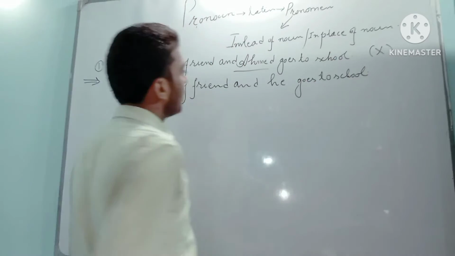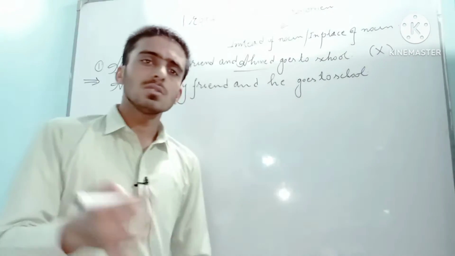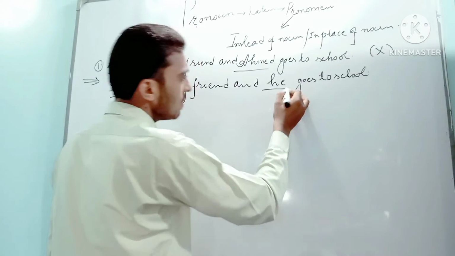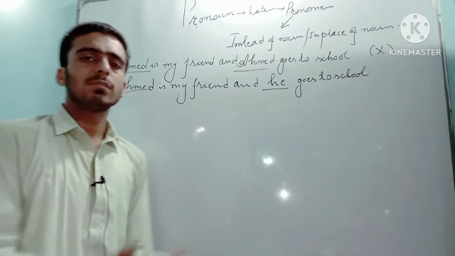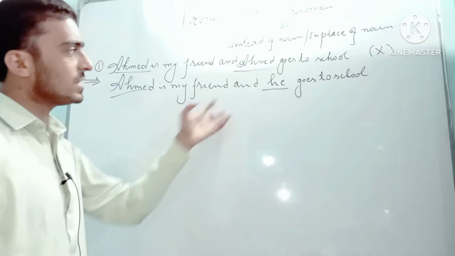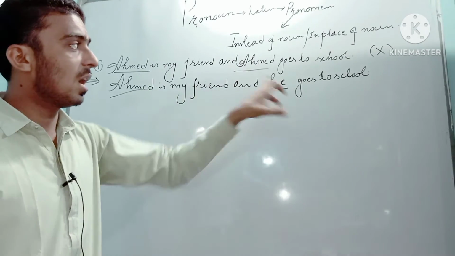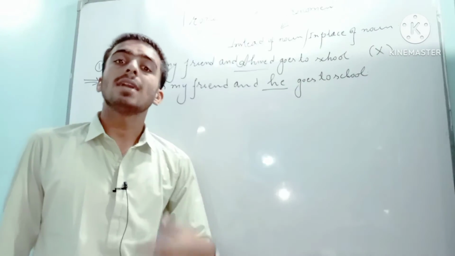Now the sentence is correct because we did not use the noun Ahmad again. We used the pronoun he as the replacement of the noun. Here he is also indicating the same person, Ahmad, whom we are indicating as he.